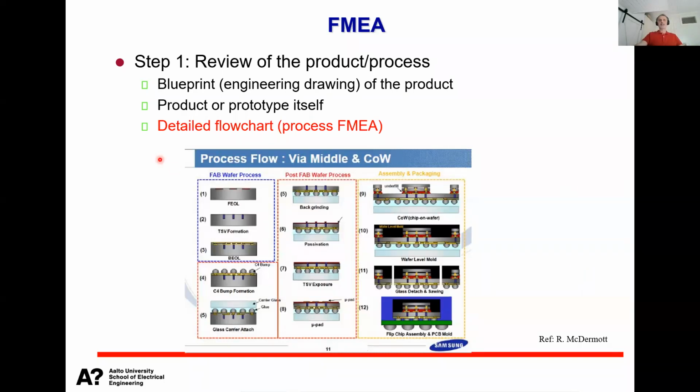So this example here is coming from the so-called wafer level chip scale package, which means that this is even a stacked component, so it would be quite an advanced package. Could be, for example, the main component of your phone.